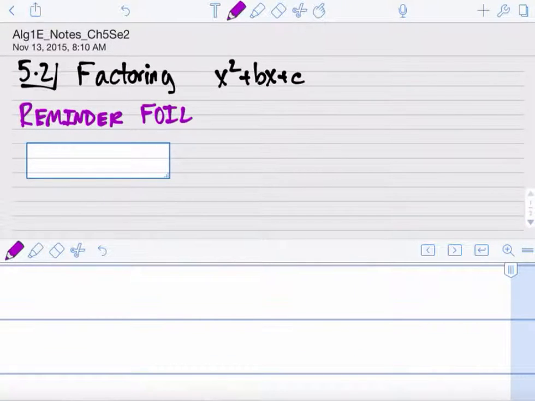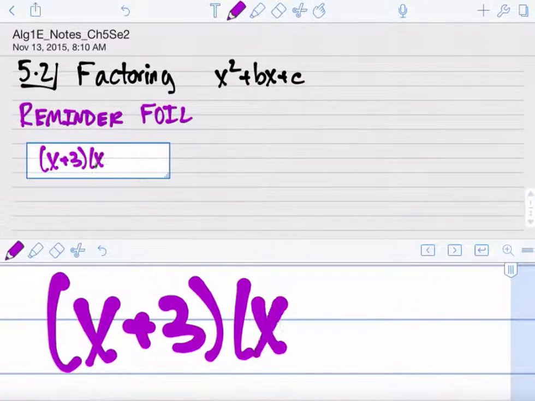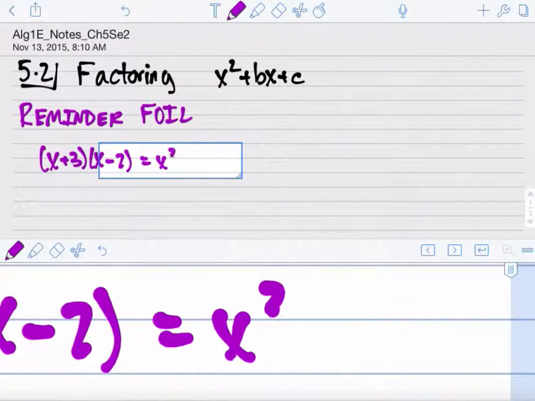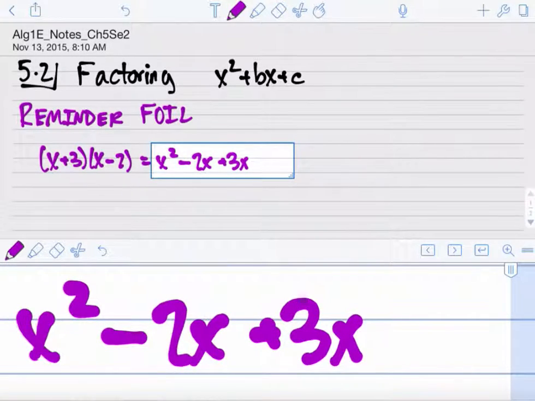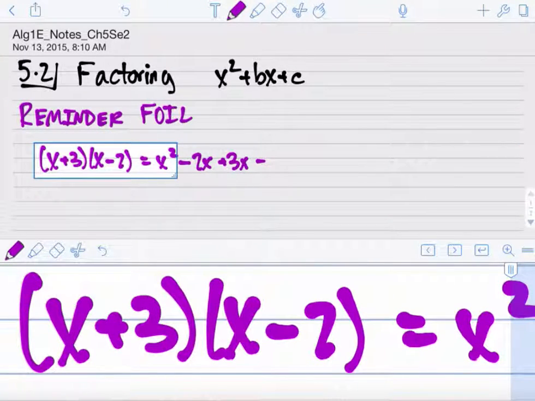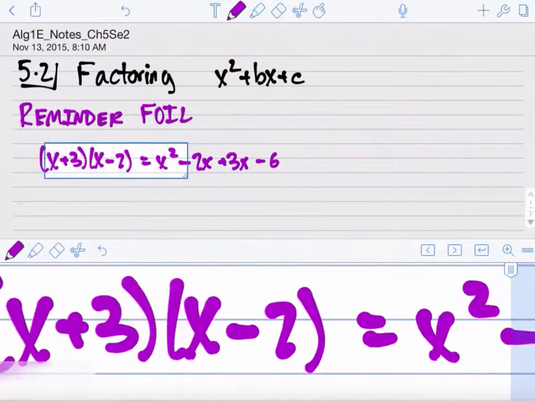Alright, if I have x plus 3 times x minus 2, I know if I multiply the firsts together, I get x squared. The outsides, I get negative 2x. The insides, I get 3x, and the lasts, I get negative 6.